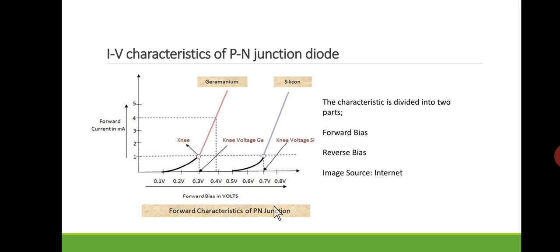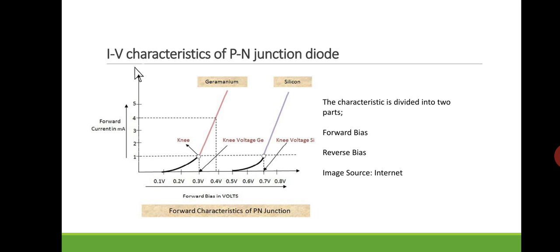Okay, let us move to the IV characteristics. When we study the IV characteristics, we should know that there are two types of IV characteristics. One is called the forward bias IV characteristics, another is called the reverse bias.